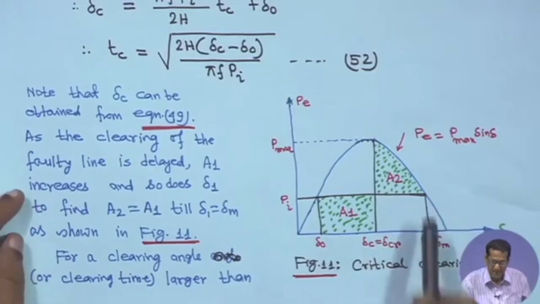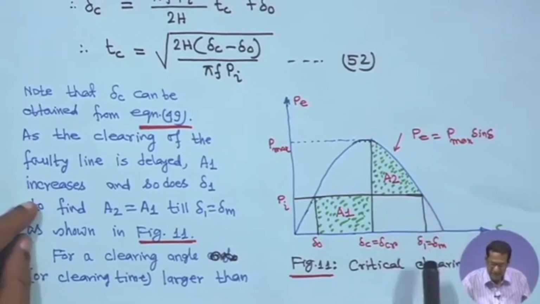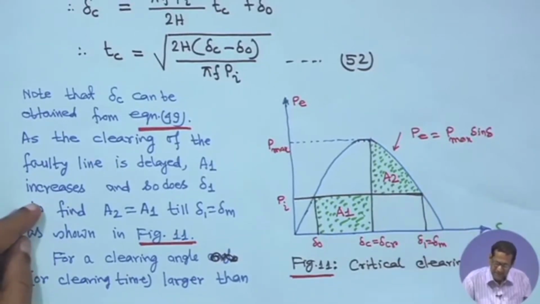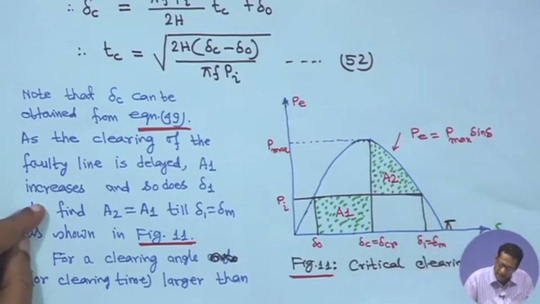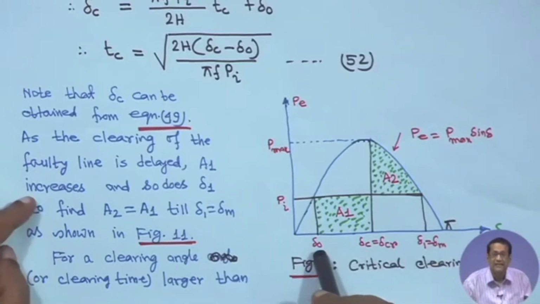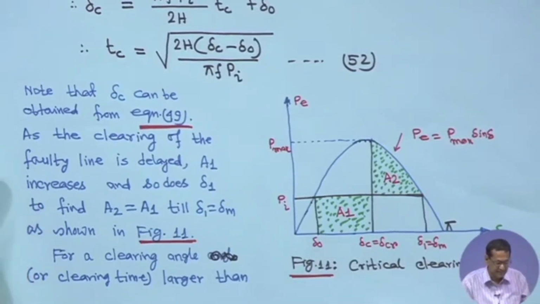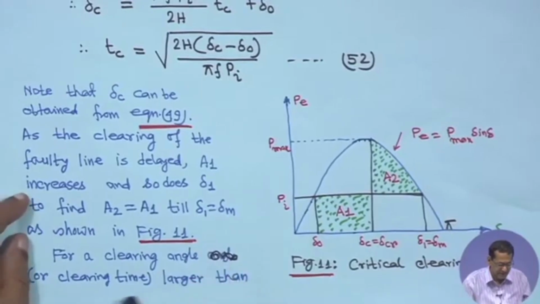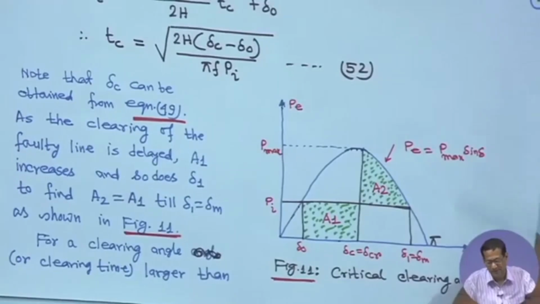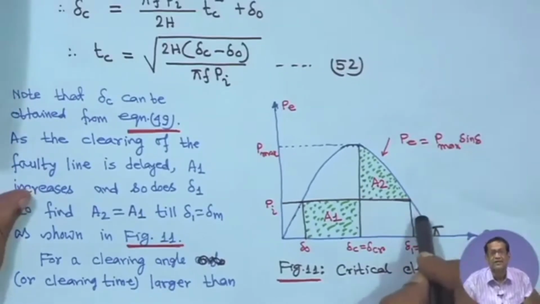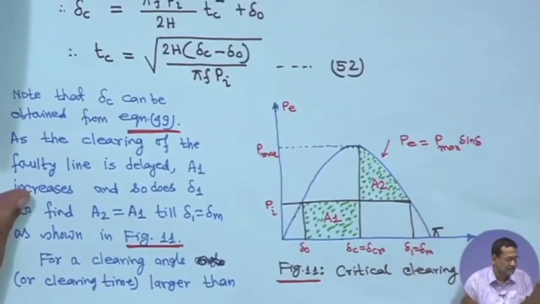This is the maximum that we can get. That means delta m is equal to pi minus delta 0. So for a clearing angle or clearing time larger than this value, the system will become unstable, because you cannot get beyond that.